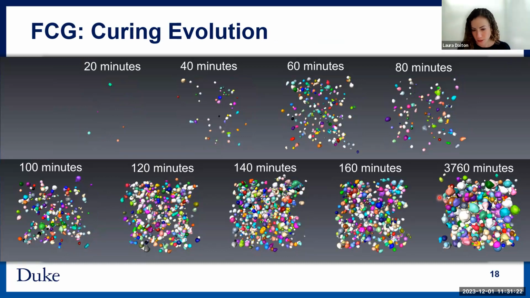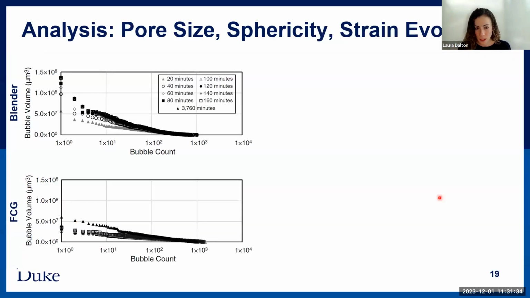So again, with time, we looked at 20, 40, 60, 80, and so on, and looked at how the bubble generation and evolution changed with time as it cured. And so how could we get useful information out of this?